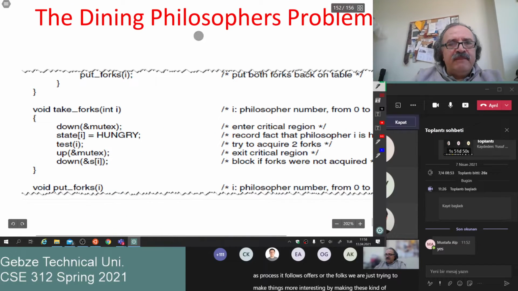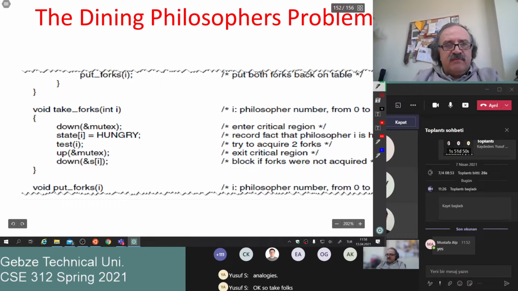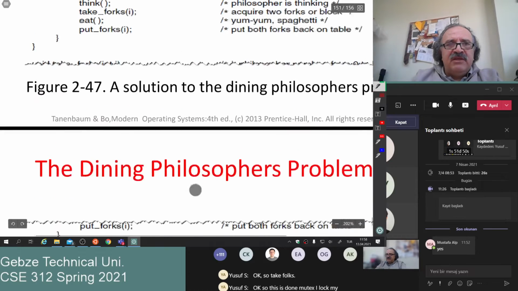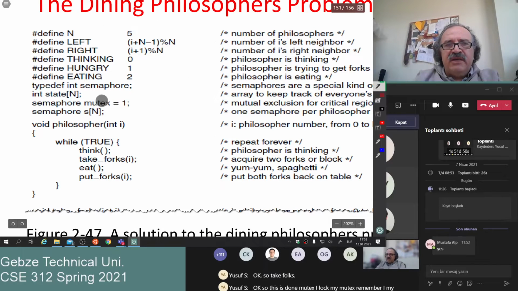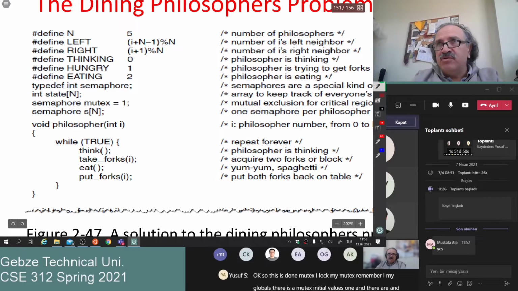Okay, so take forks. This is down mutex. I lock my mutex. Remember, my globals: there is a mutex, initial value is 1, and there are n semaphores.